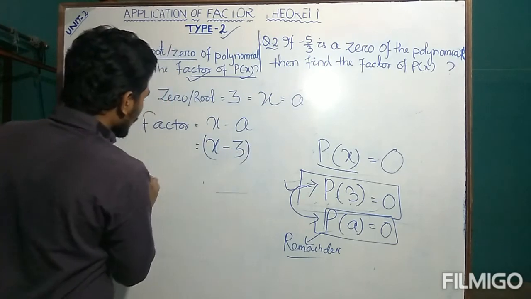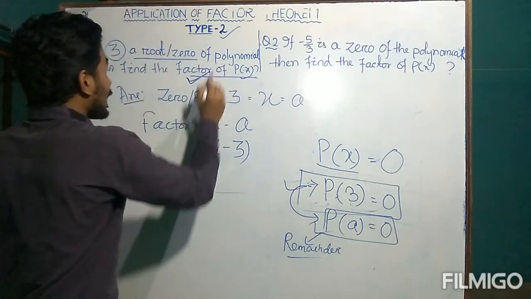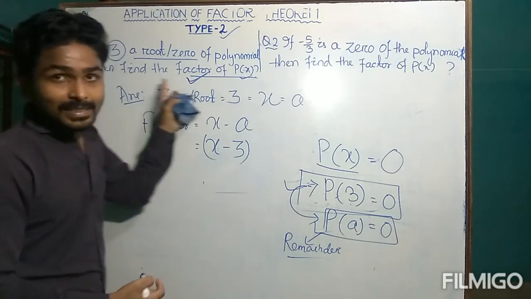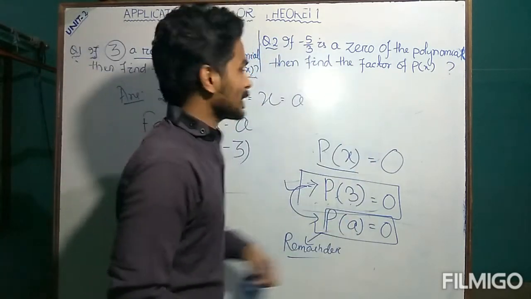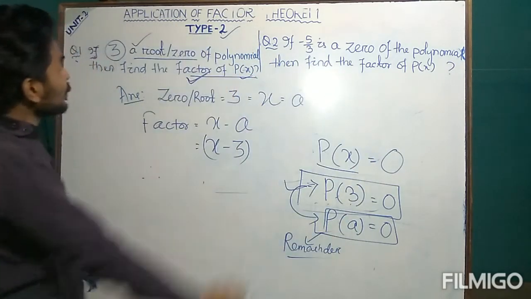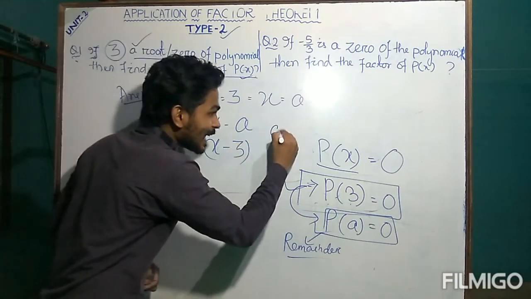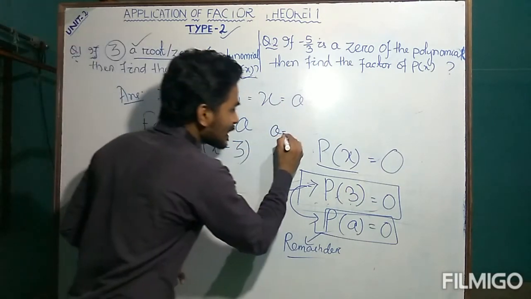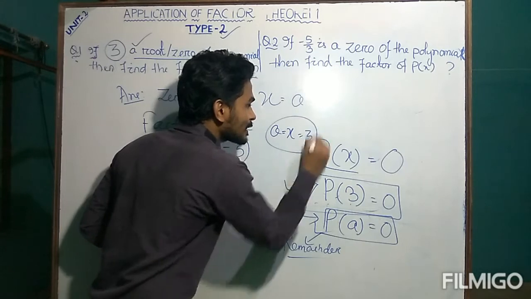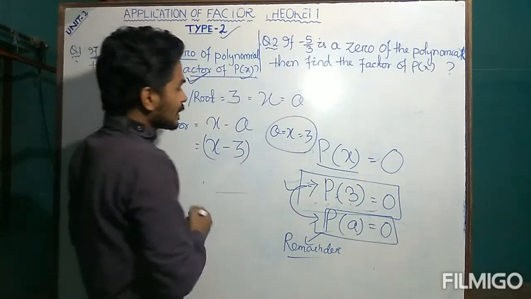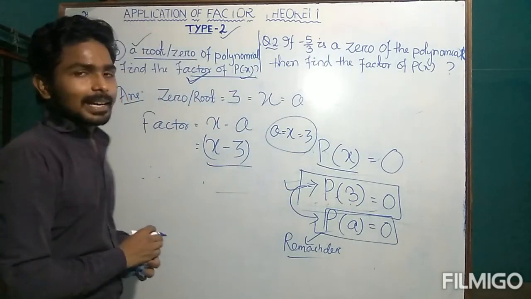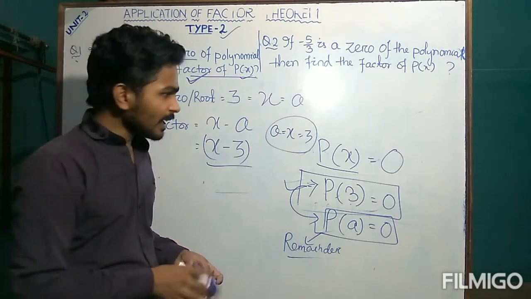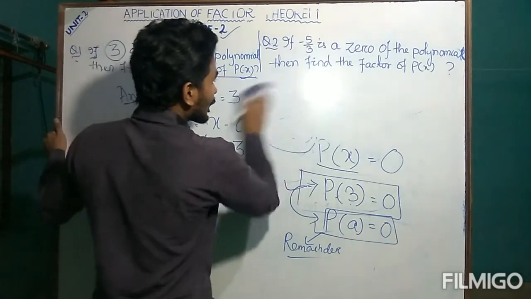This is the factor. Hence we have the factor that is demanded in the question. If 3 is the root, root meaning a, meaning x, then the factor is x minus 3. So this is clear.